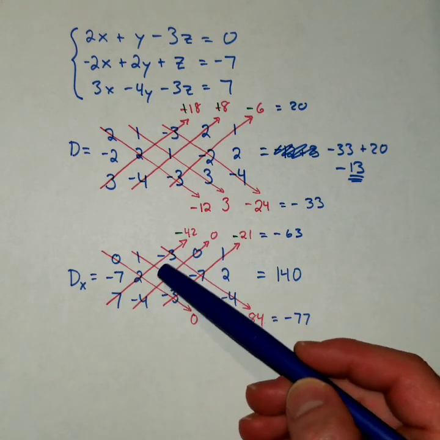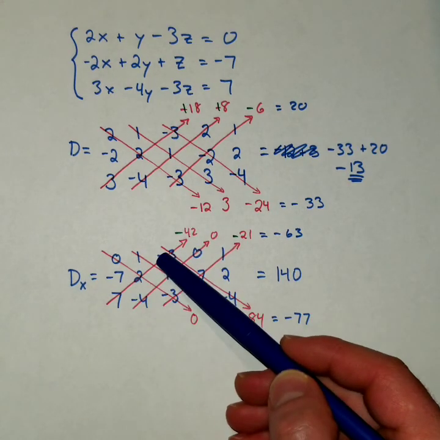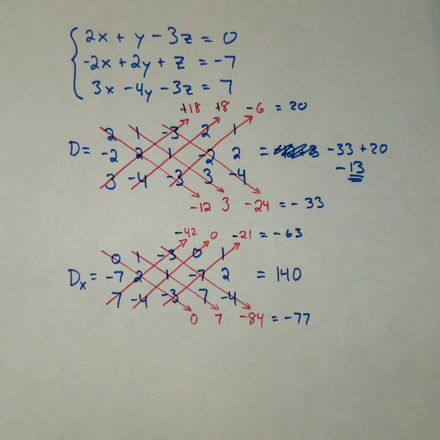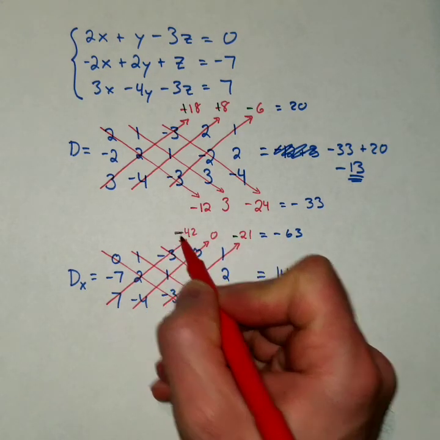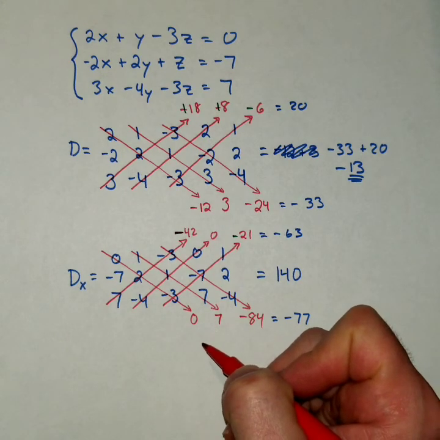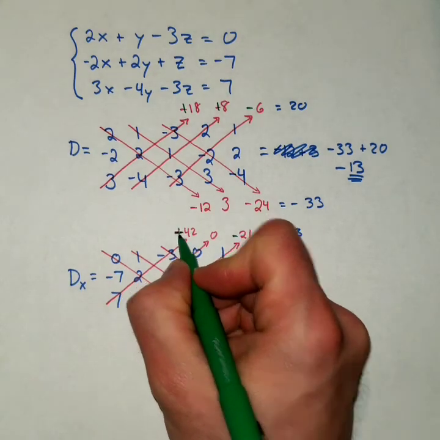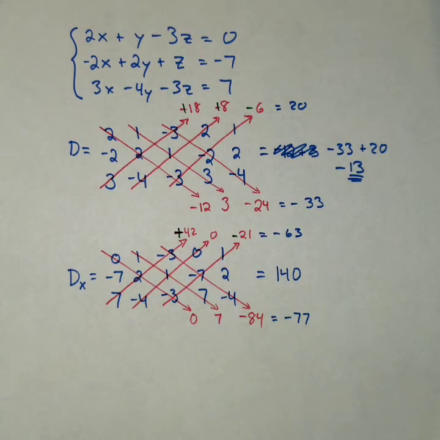My sign's off. 7 times 2 times 3 is 42, but it's a negative 42 with that negative right there. So this originally should have been negative 42, but then you should change the sign to a positive. So I missed my sign on that 42. Should have been positive in the end.